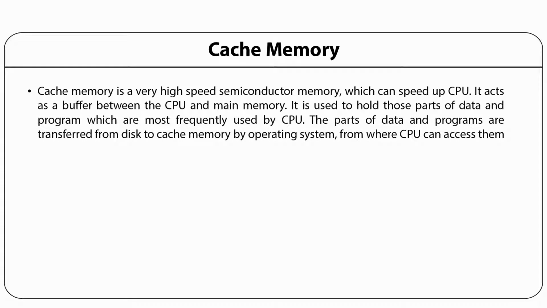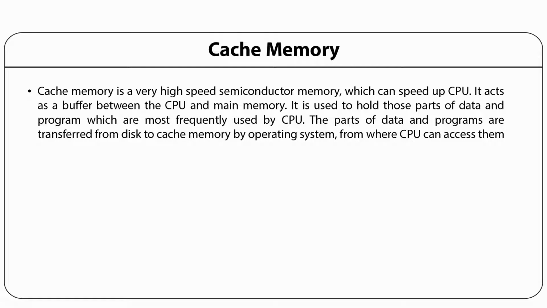First, we'll see what cache memory is. Cache memory is a high-speed semiconductor memory which can speed up the CPU. It acts as a buffer between CPU and main memory. It is used to hold those parts of data and programs which are most frequently used by the CPU.